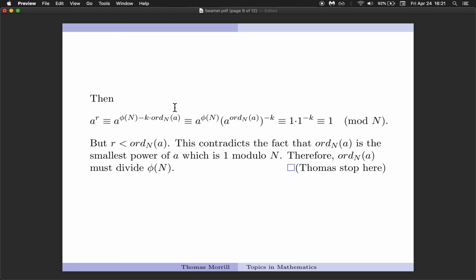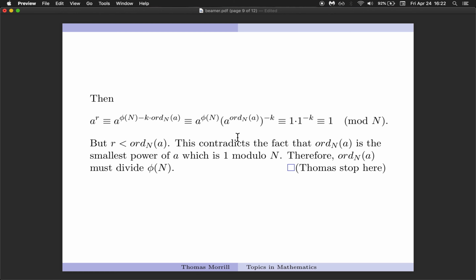They're literally the same power. I can then pull things apart using the rules for exponents. A to the power phi of n minus k times the order of a is the same as a to the power phi of n times a to the power order of a, which is then raised to the power negative k. All right, looks good so far.